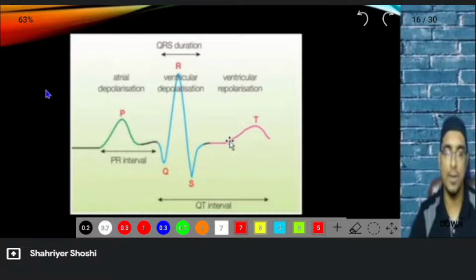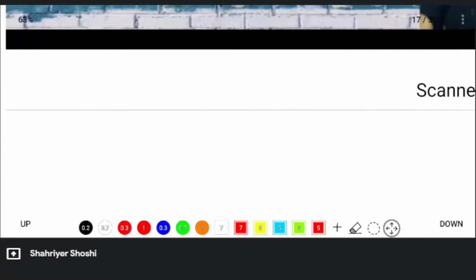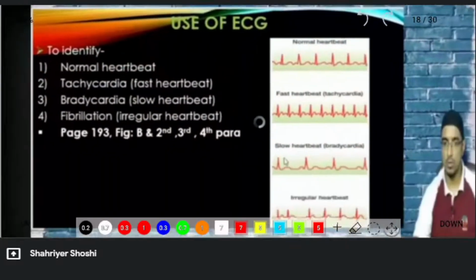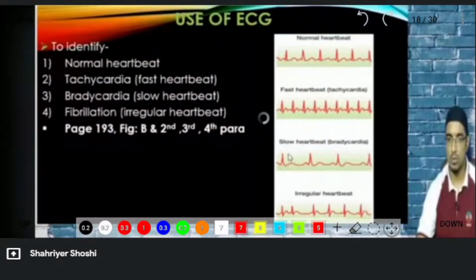So that's it. We don't have much detail on this. We just need the use of ECG, and it's not very tough. ECG is normally used to identify the normal heartbeat. If you have an irregular heartbeat, that means you have some type of disease or problem with your heart.